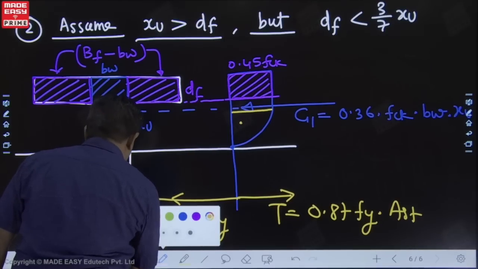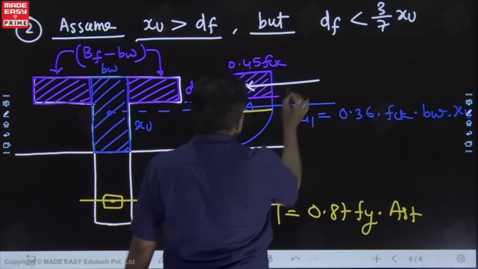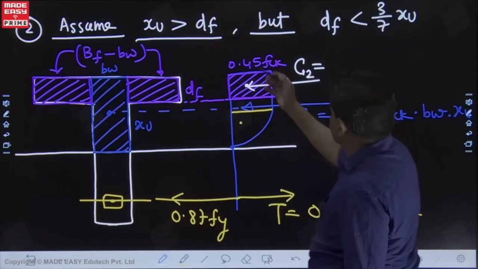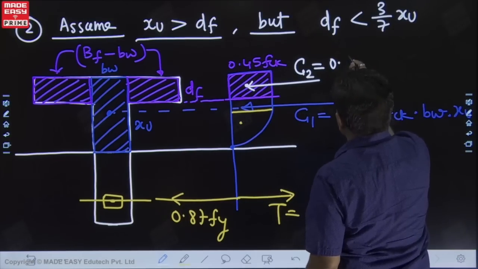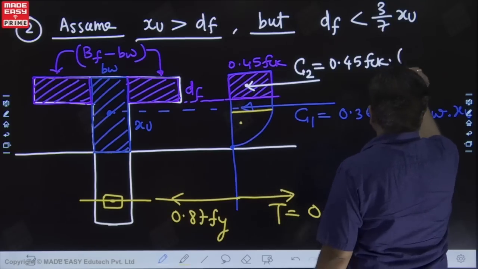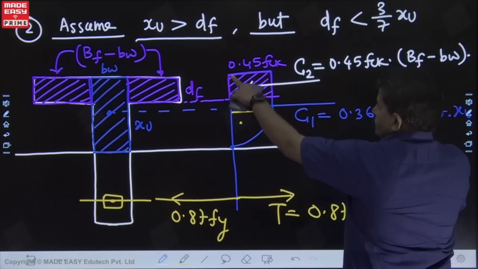So tell me what will be the force. In this, the force, called C2, will be equal to area into stress. The stress is very simple, 0.45 into fck, into area, which is bf minus bw into Df.